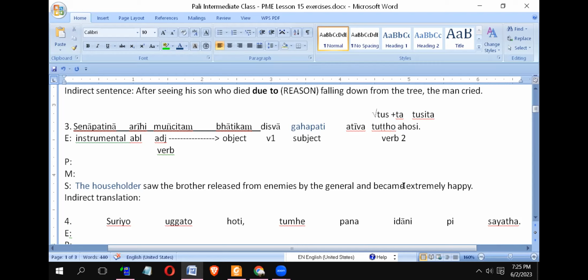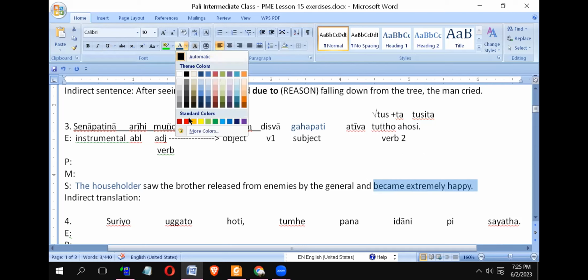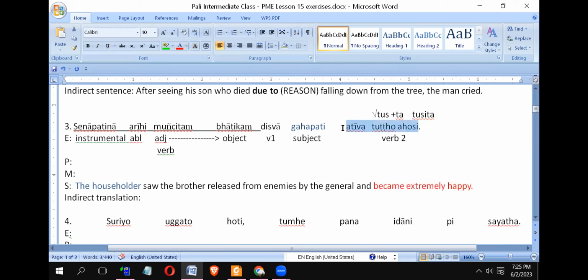So the householder was extremely happy. Right? So the householder was extremely happy. All right, so we finish here. So actually, when you study Pali, try to finish from the last one. So Gahapati Atiyewa Tuttho was so happy. Then this one, right? This one also modifies Gahapati.